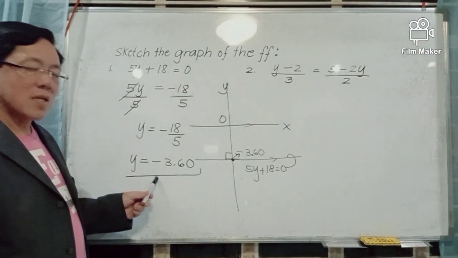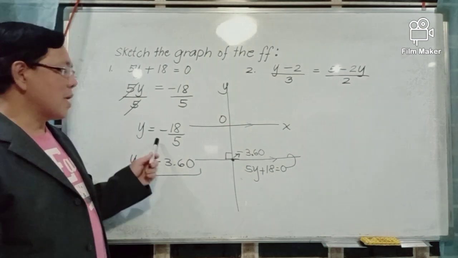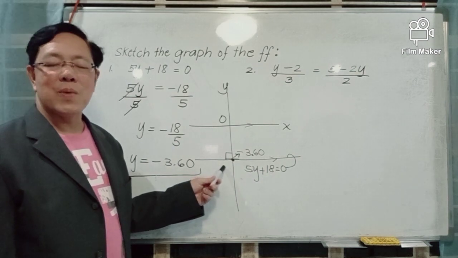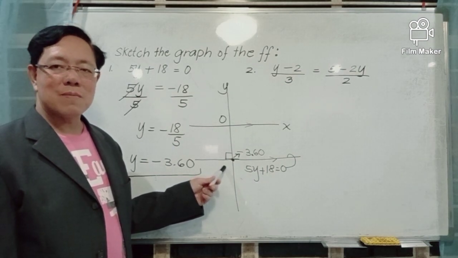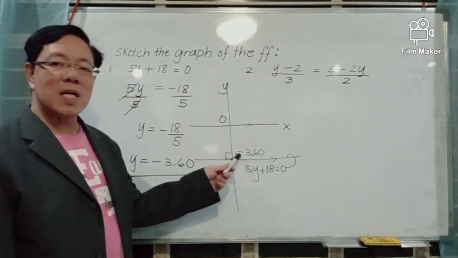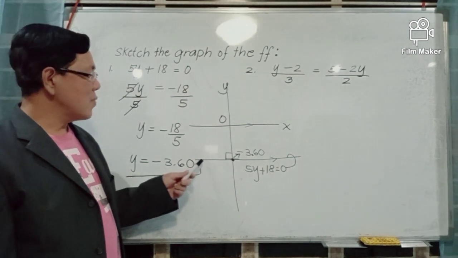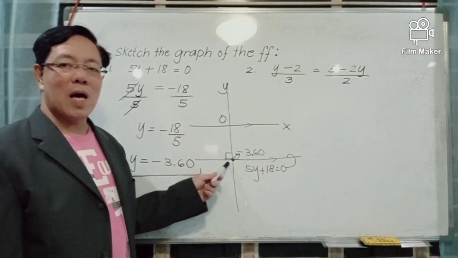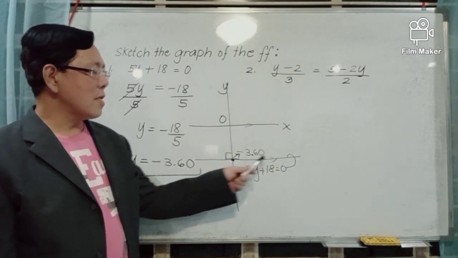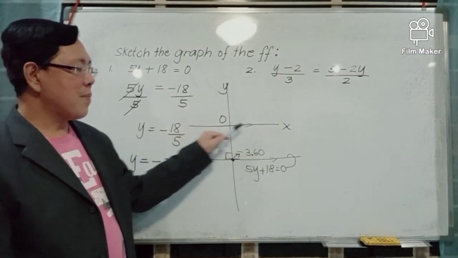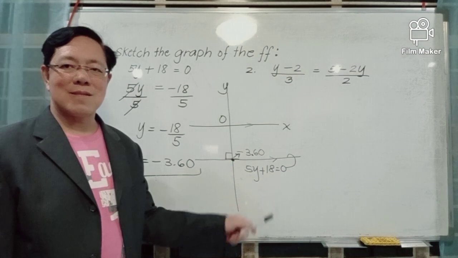And we get negative 3.60 or negative 18 over 5, which is a point on the vertical or y-axis, but below the x-axis because the value of y is negative. And we construct a horizontal line through this point on the y-axis. The horizontal line is perpendicular with the y-axis and parallel with the x-axis.